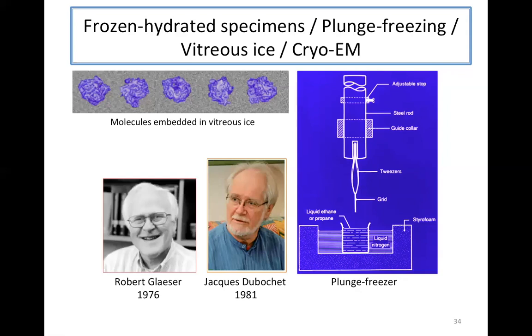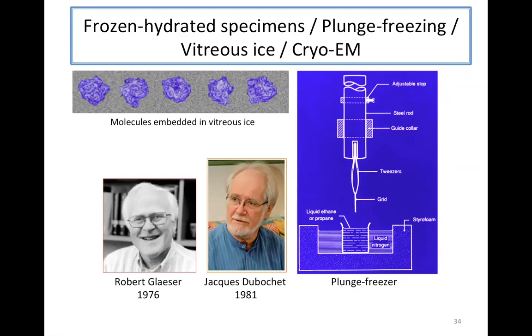And under those conditions, the water becomes vitreous ice rather than crystalline ice. Okay, so this was really in 1981, but it took a number of years until this whole methodology spread.